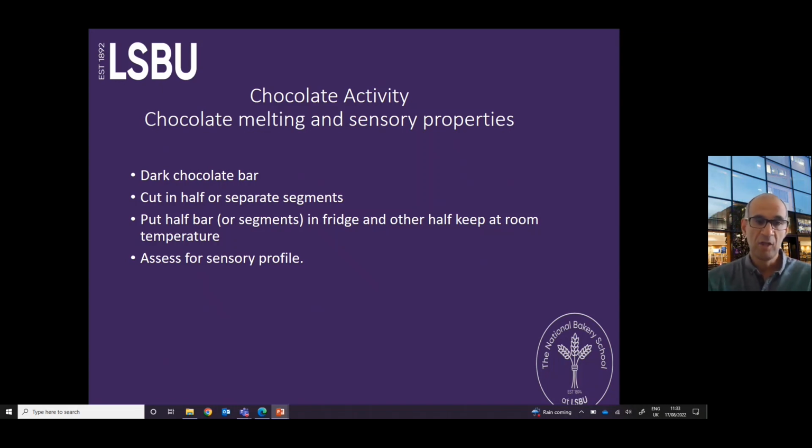And after a while, you will be assessing these using scales for the sensory profile. There will be a video guiding you regarding this, as I said earlier, and there will be some material available for you to describe the activity.